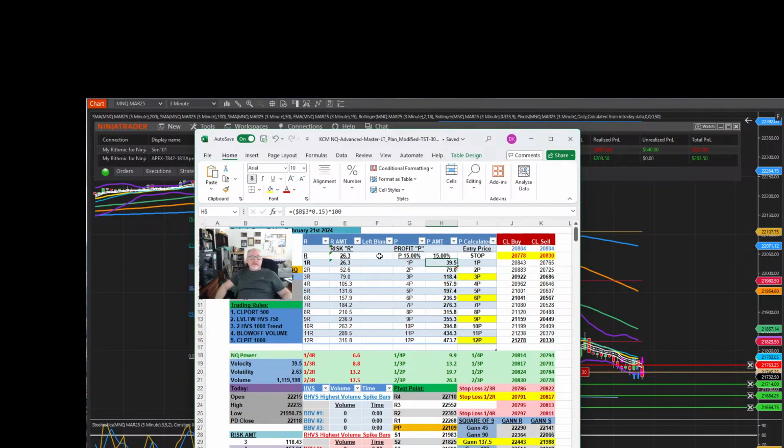So B3 times 0.15. And you look at that, H5, which is this one, times 2, times 3. That gives you your profit target.